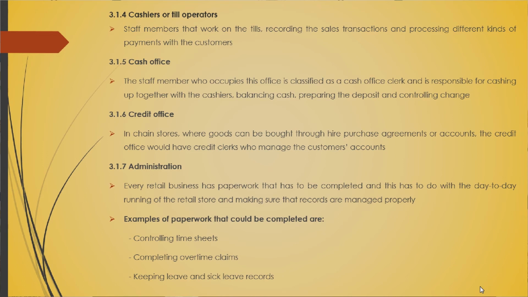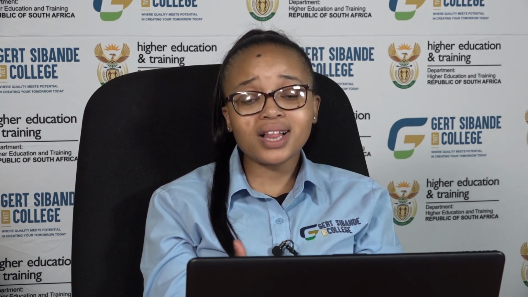Examples of paperwork that could be completed are as follows: controlling timesheets, completing overtime claims, as well as keeping leave and sick leave records. So with controlling timesheets, this is where staff members have to clock in and record when they come to work or when they leave work, as well as when they take lunch breaks.